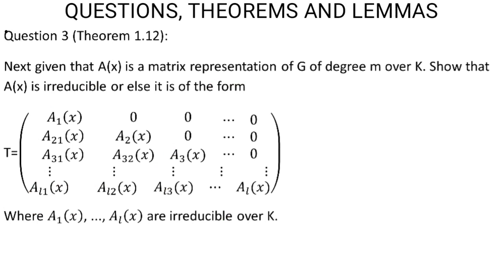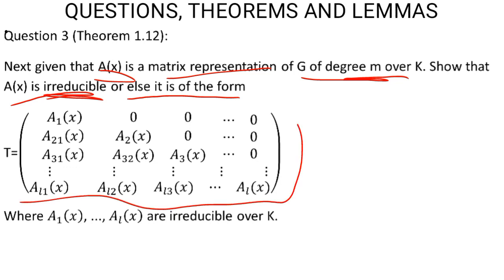The next question is question 3, actually theorem 1.12 in your lecture notes. It says, given that AX is a matrix representation of G and is of degree M over the field K, show that AX is irreducible, or else it is of this form.